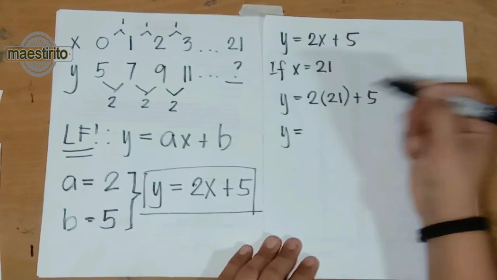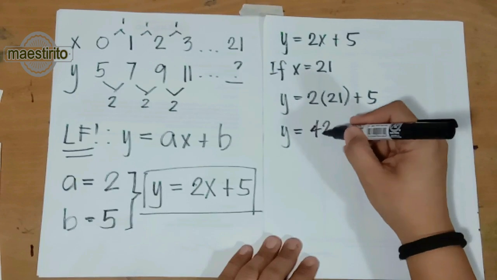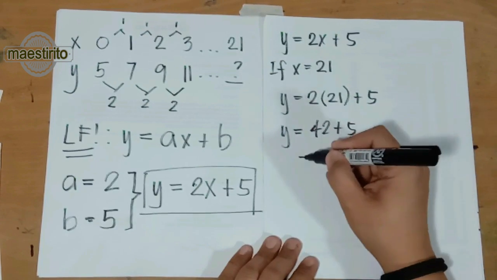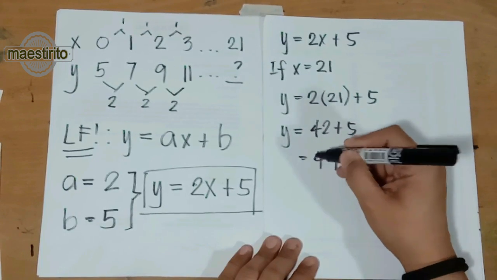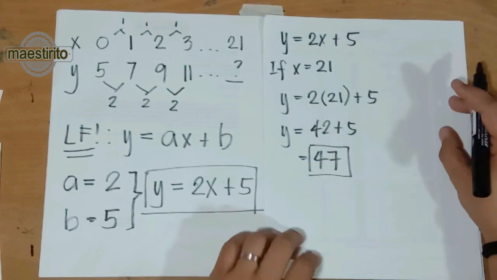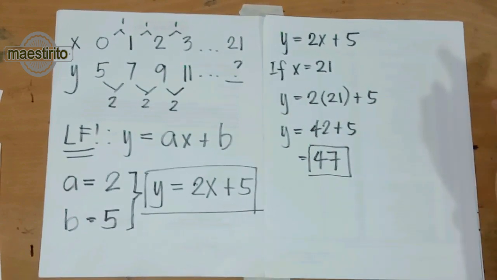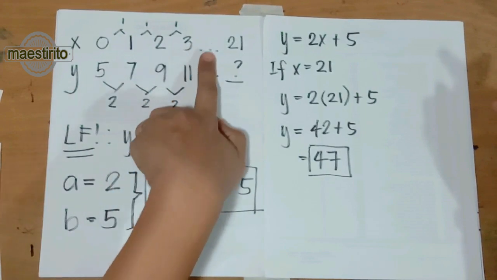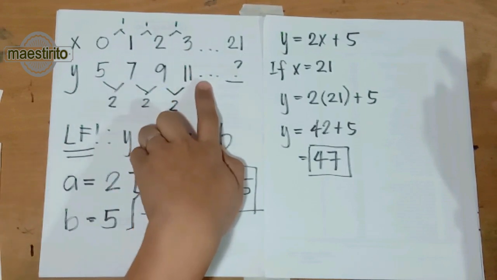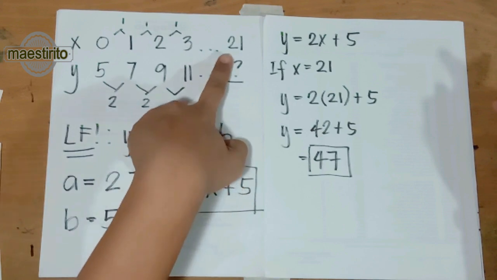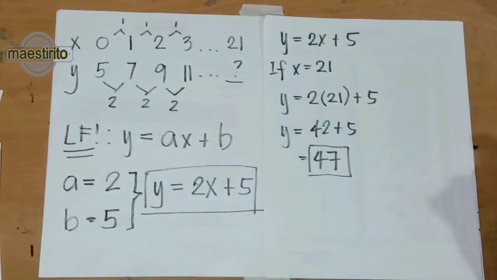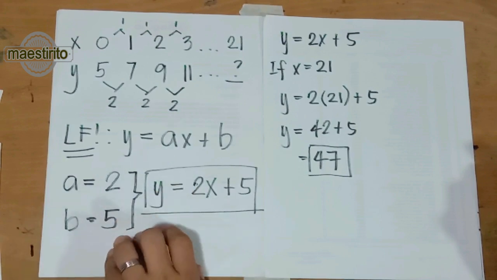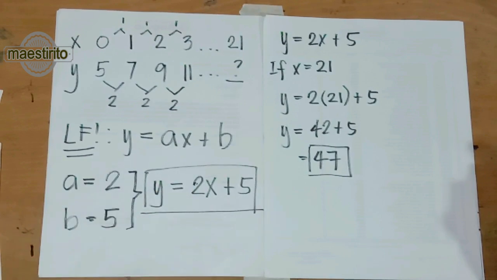So y would be 42 plus 5. And there you go. It's 47. And if we continue this manually, 11, 13, and so on and so forth, plus 2 each time, you will also get the same answer, which is 47. And the purpose again of having the model is for us to have an easy way of solving the problem.